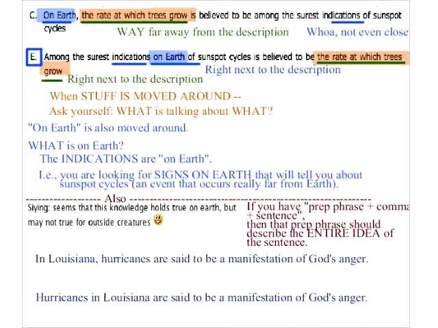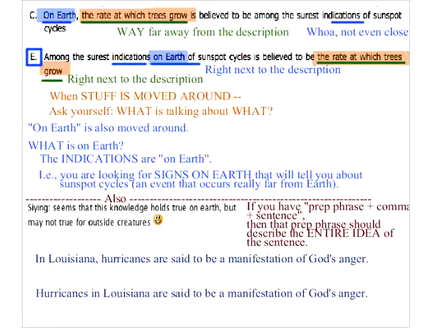In the second sentence, what's in Louisiana? Just the hurricanes, right? So in the second sentence, this means, weirdly enough, that if a hurricane is in the state of Louisiana, then people think God is angry. But if the hurricane is in Mississippi or Alabama, then God is just fine.